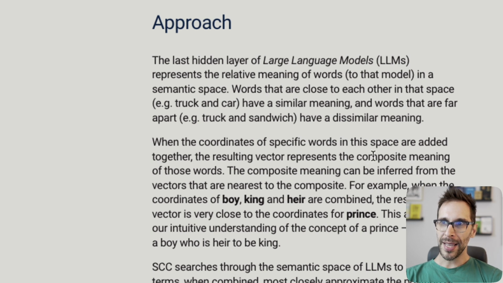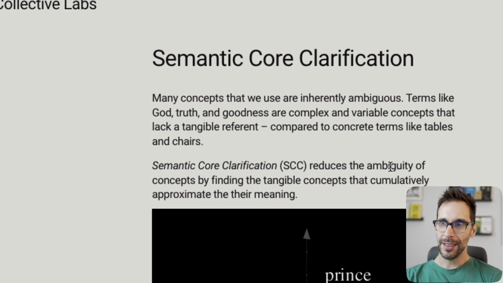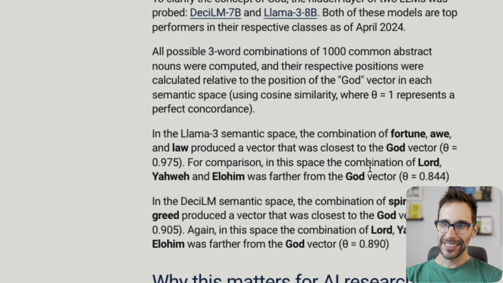Does it represent the composite meaning of a word? Does it clarify in a tangible way the ambiguity of concepts like God? Tangible concepts that cumulatively approximate their meaning? I'm not sure.